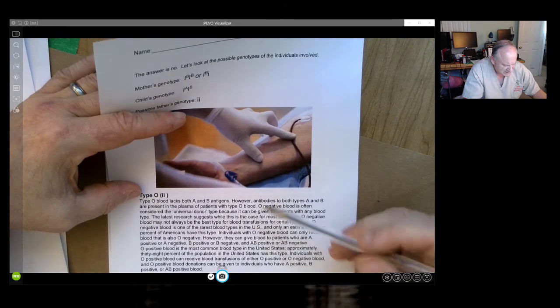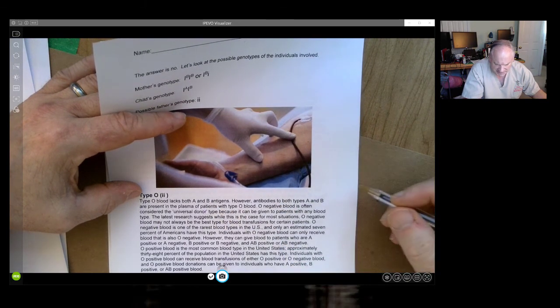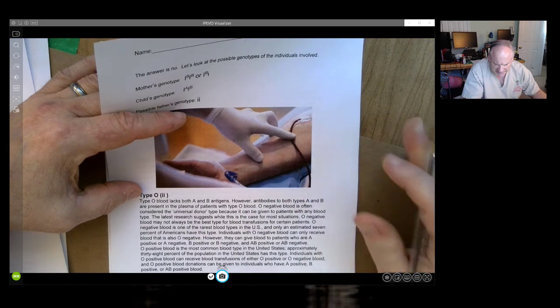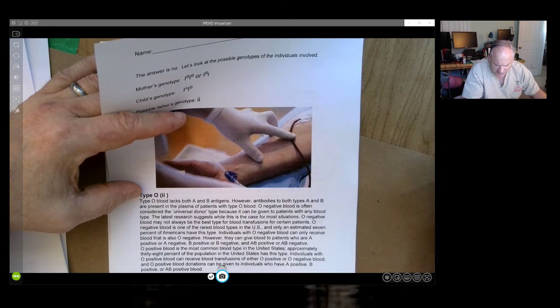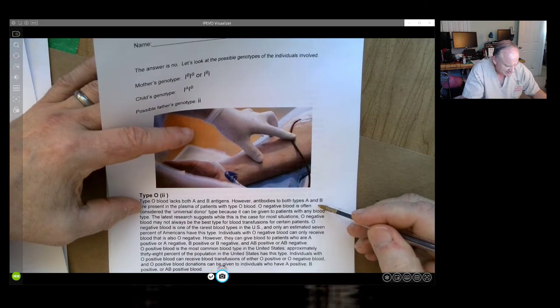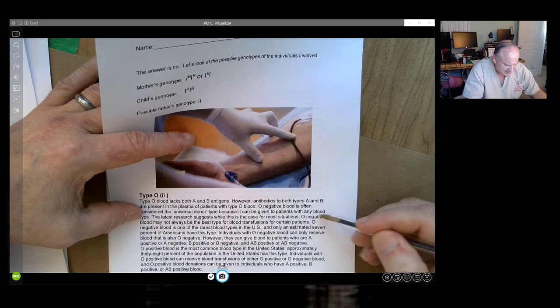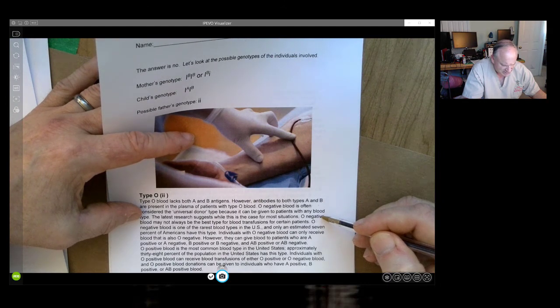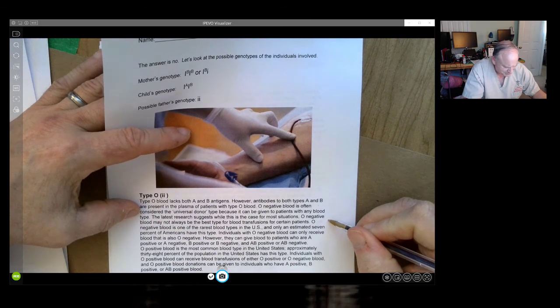So type O lacks both the A and B antigen, like I mentioned. There's the 3 different types that have the antigen, the A, the B, and the A and the B. If you are devoid of both of those antigens, then you're type O. There's some interesting aspects of type O, and there's a lot of things that have been talked about with that blood type.